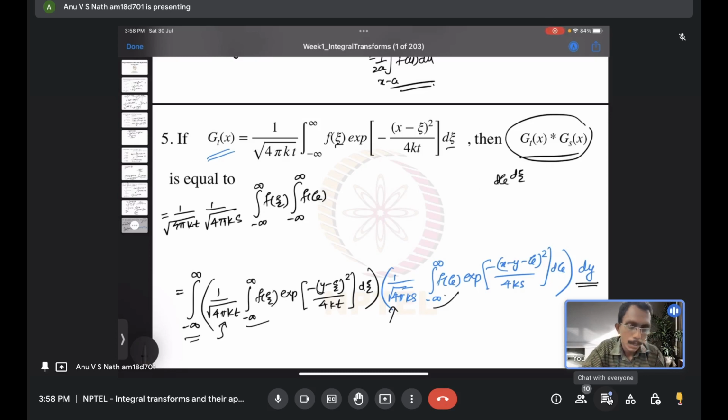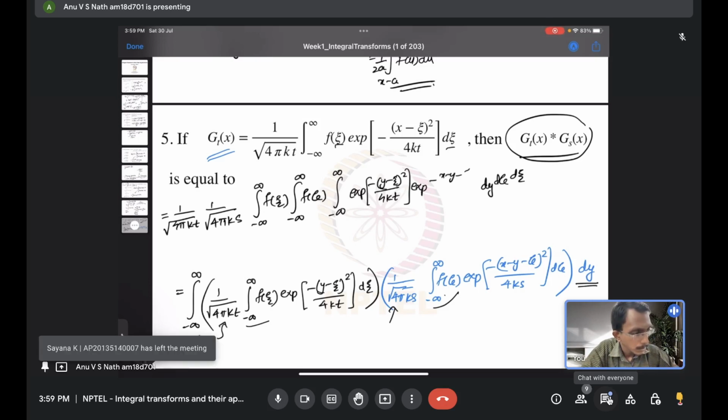Then whatever remains, which is a function of these variables, especially the function of y, which I am writing here: exponential of minus (y minus xi) squared by 4kt, also exponential of minus (x minus y minus theta) squared divided by 4ks.